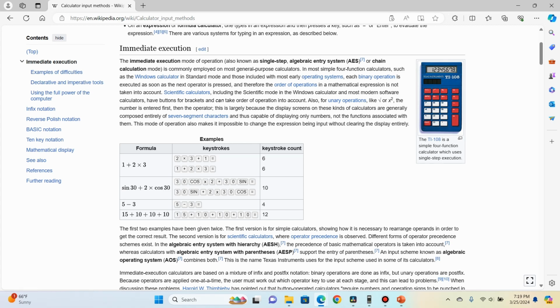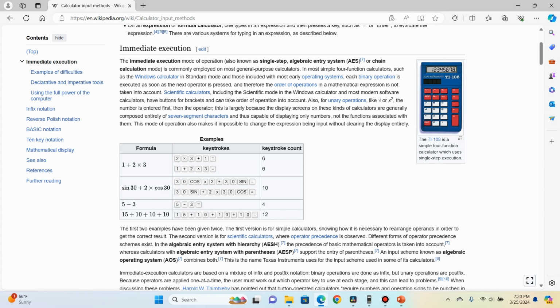Whereas the expression calculator keeps track of the entire expression and all the operations, and it doesn't calculate till the very end when you hit the equal sign. So what the effect is, if you were to enter 1 plus 2 times 3 equals on an immediate execution calculator, a very simple cheapo calculator.